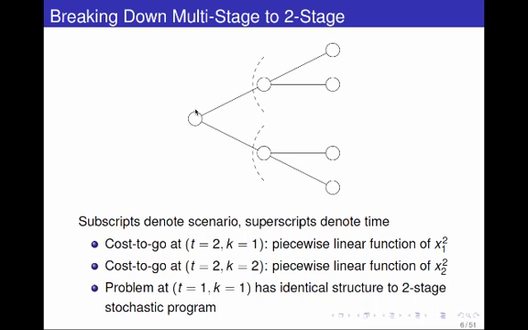So this trick of introducing an auxiliary variable and then lower bounding it by cuts, which are affine functions of x, is going to work well, provided the future cost of what you do today, so the value function, the v of x, is a piecewise linear function of x.